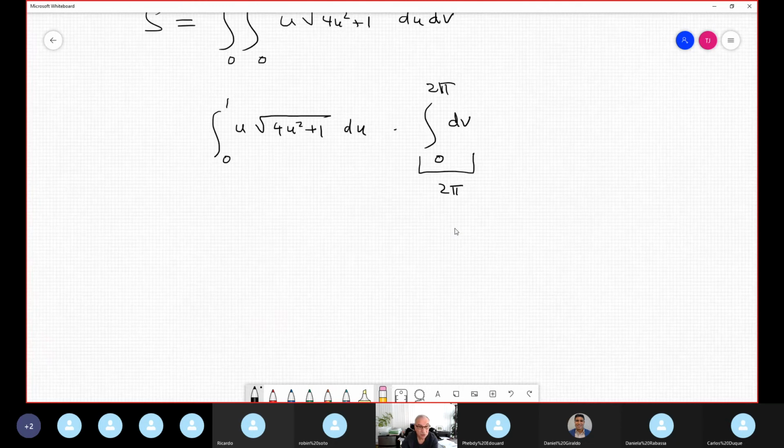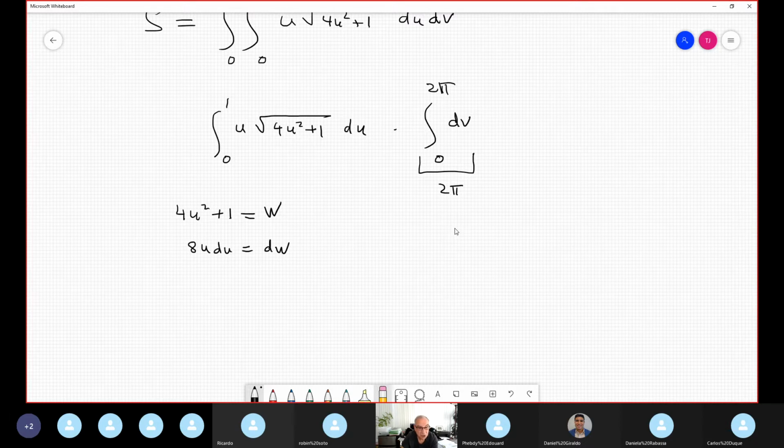We apply a substitution, another substitution. You declare, for example, that 4u square plus 1 is another variable, but normally I use u, but I have no u because I would confuse it, so I put w, that's it, another auxiliary variable. And when you differentiate, this is 8u du equal dw. Okay, nice.